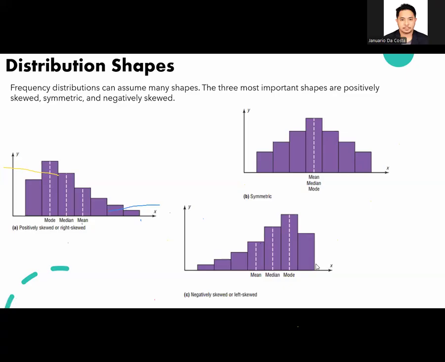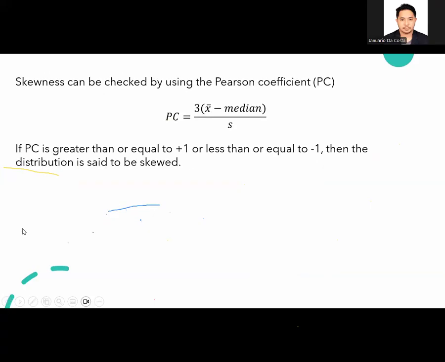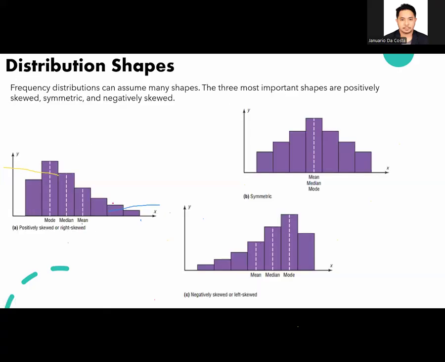Now, on the other hand, this is a positively skewed or right skewed distribution. If you have a drawing that looks like this, it is positively skewed. And if you have a distribution that looks like this, it is negatively skewed.